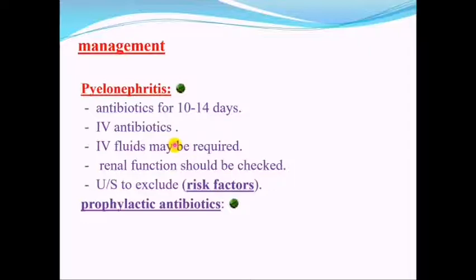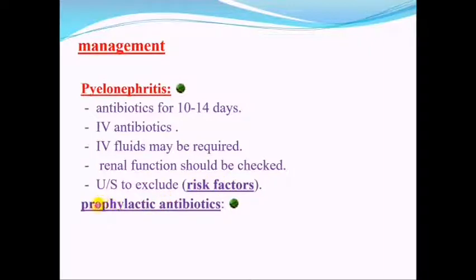The renal function should be checked by taking a blood sample for blood urea and serum creatinine, and also ultrasound should be done for this patient to exclude risk factors like hydronephrosis, renal stone, congenital abnormalities, and so on.